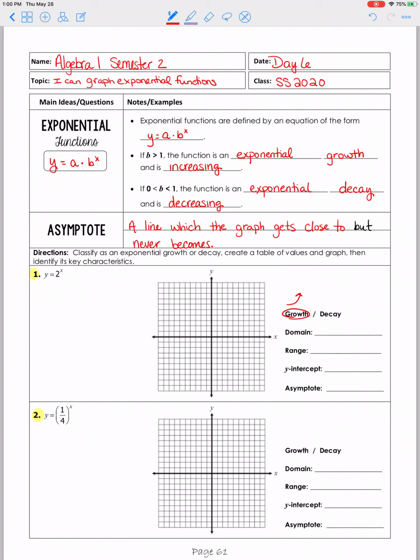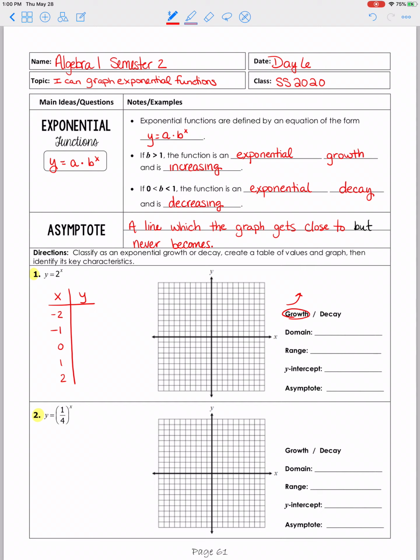A table of values is a great piece of information that you're going to need. So we have an x and a y, and it's a good idea to use x values from -2 to +2 to create this table.